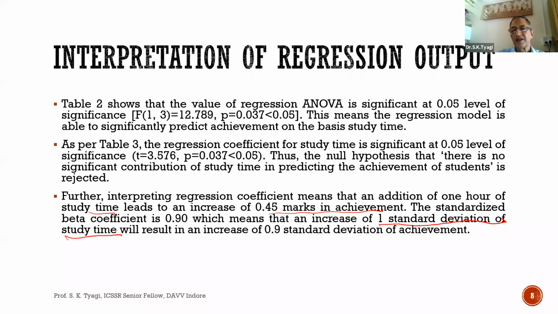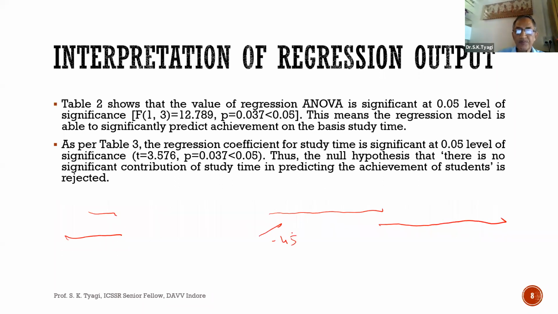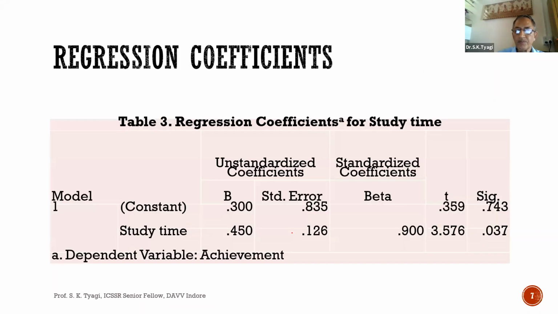If you increase the study time by 1 standard deviation, there will be an increase of 0.9 in standard deviation. The standardized beta coefficient is 0.9.